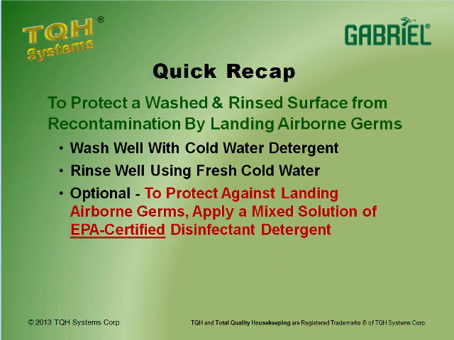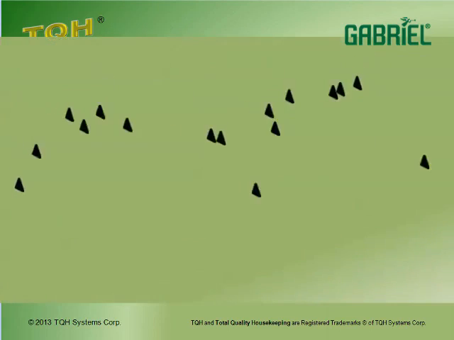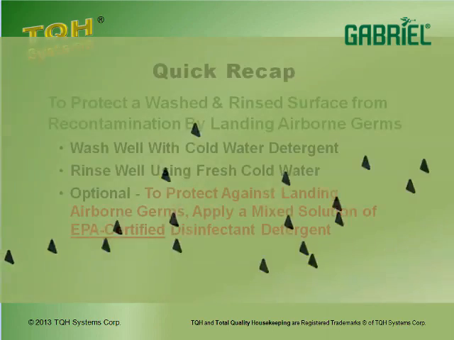That's not the way it works. The disinfectant is a protective system. For instance, in an operating room, after the operation, you wash everything down with a good detergent and you rinse with fresh water. If those surfaces are free of soil, there are no germs on those surfaces, but you have airborne germs landing. So you want to protect that surface.